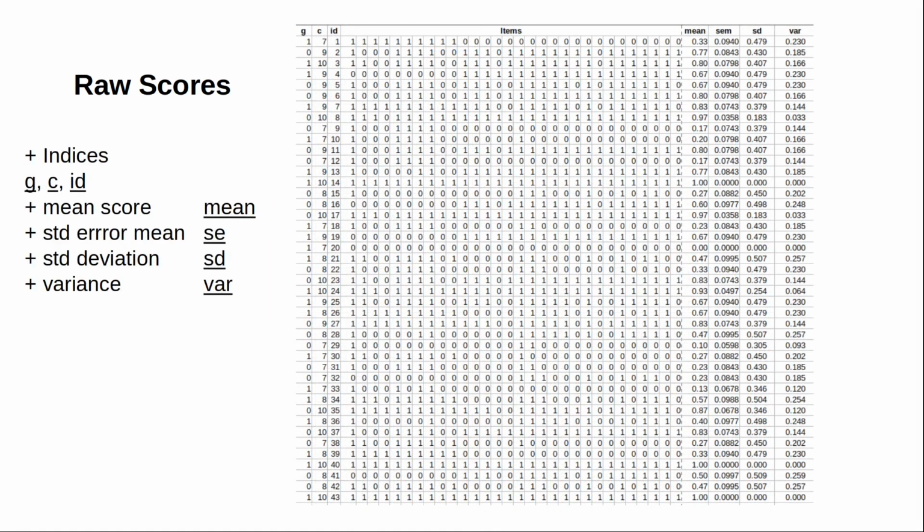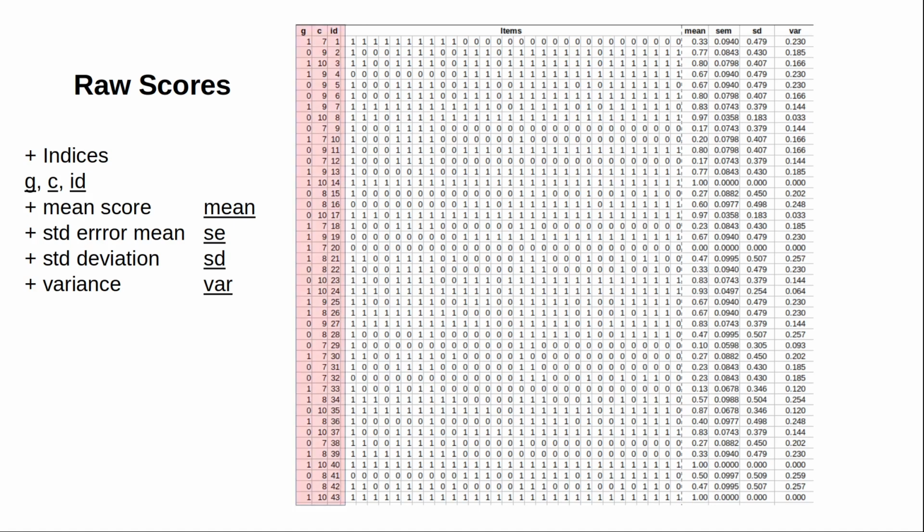The mathematics teacher added 3 index columns, a column G for gender, which was still unambiguous in 1921, C for class, in this case 7, 8, 9, 10, and ID for identity number, which corresponded to the alphabetic names.